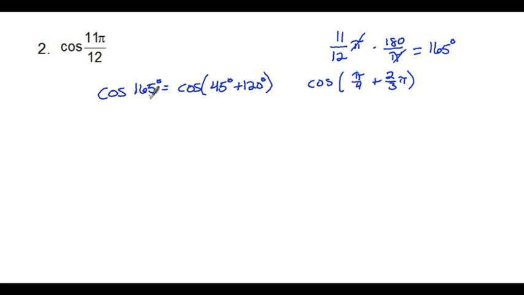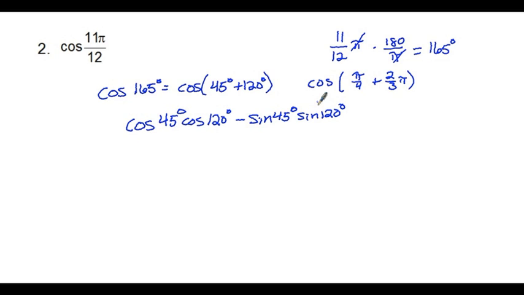So I have this here. And then if I follow the formula for the sum of cosine, that would give me the cosine of 45 degrees times cosine of 120 degrees. And that's a plus, so it's going to be minus here. Sine of 45 times sine of 120.